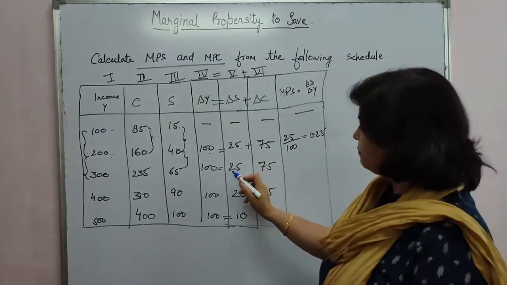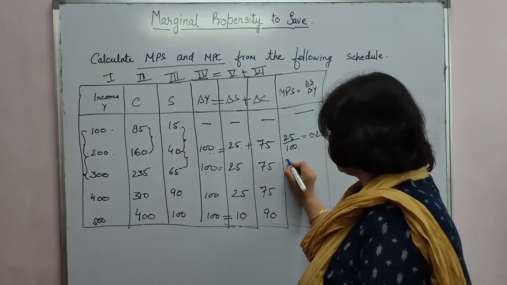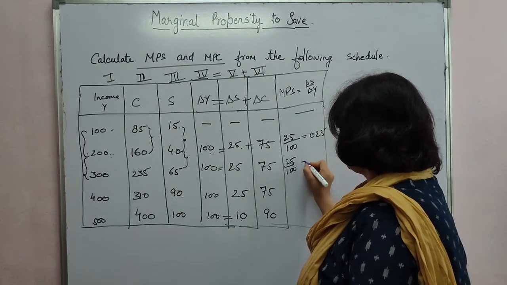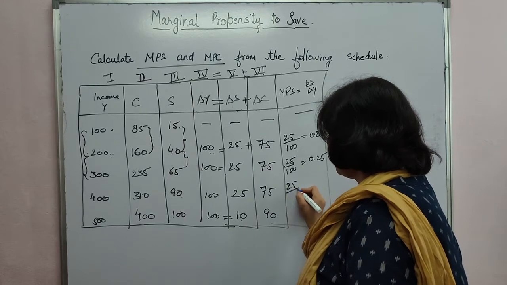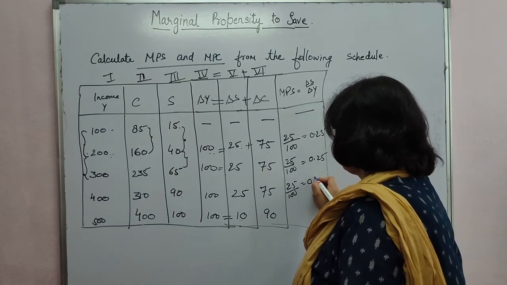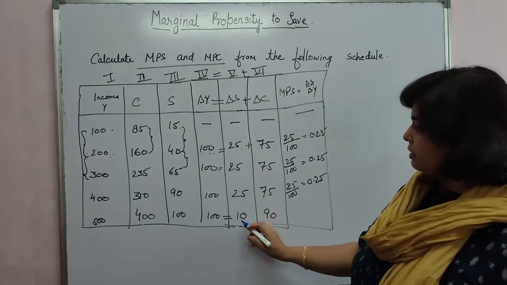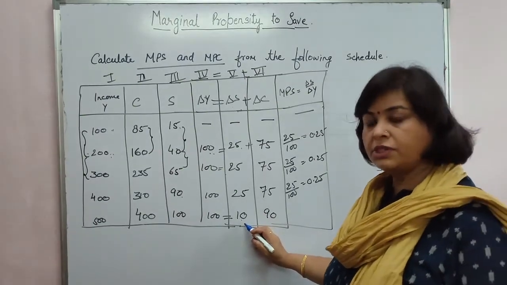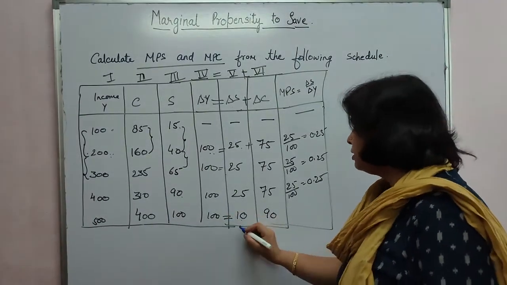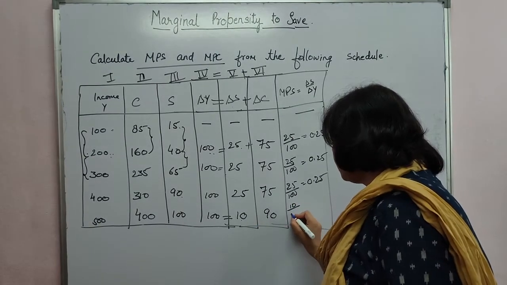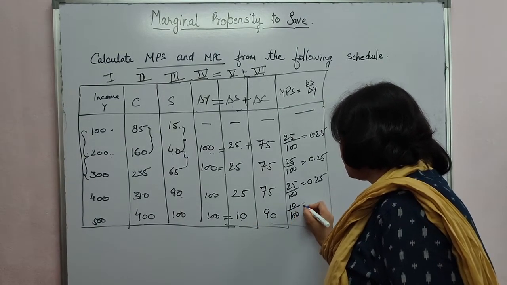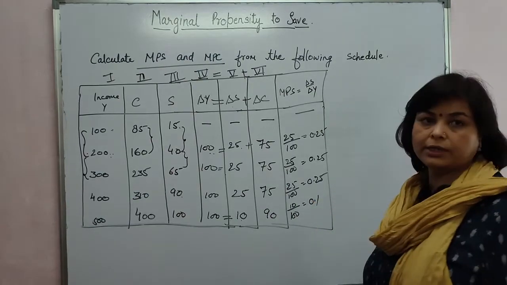Here also the value is same, 25 by 100 is equal to 0.25. In the last row, when the level of income is 500, then delta S is equal to 10. So 10 divided by 100 is equal to 0.1.